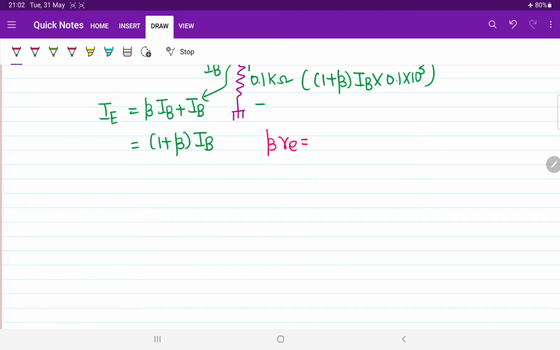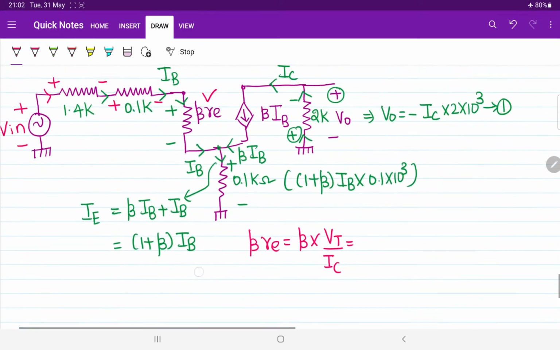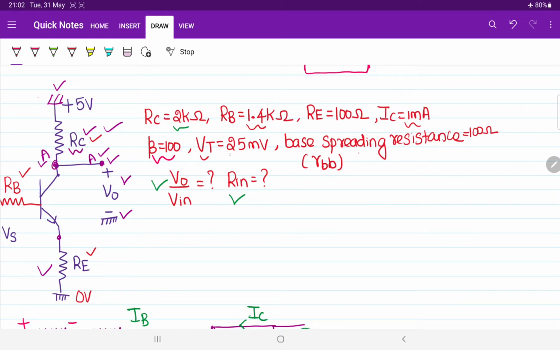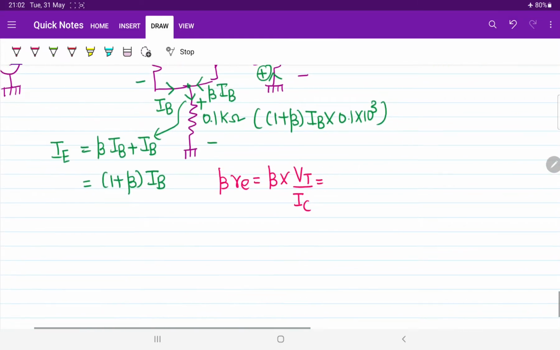Let us explore it. Beta into, how will you write down the value of RE? That can be written as VT by collector current IC or emitter current IE. Both are approximately equal. What is the value of beta? I hope everything is given, right? Beta is 100, VT is 25 millivolt, collector current IC is 1 milliampere. Substitute all the values.